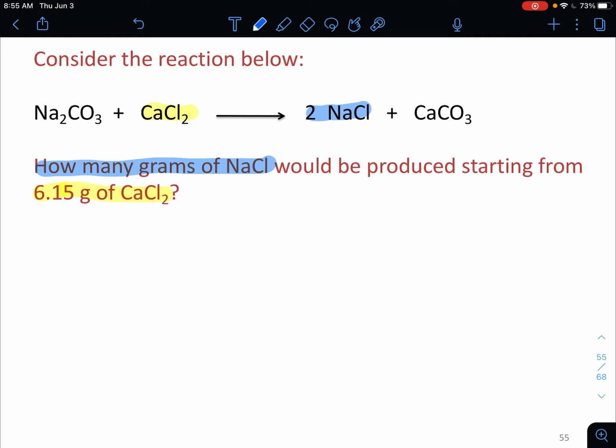So we need our reactant, calcium chloride. That's 40.08 plus 2 times 35.45. I think that's 110.98. Let me double check. Yeah, 110.98.